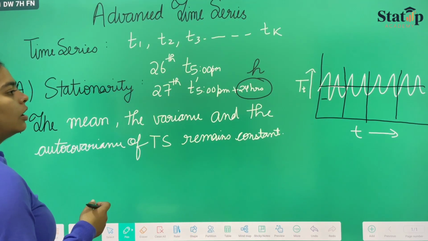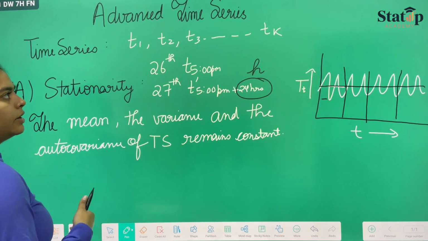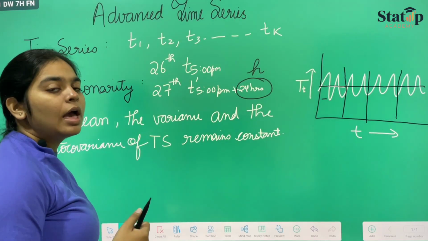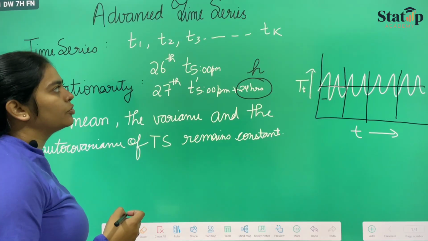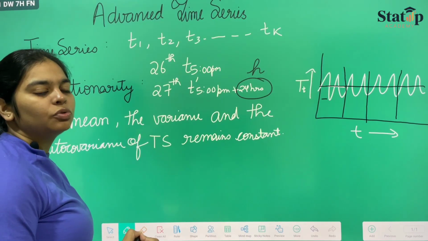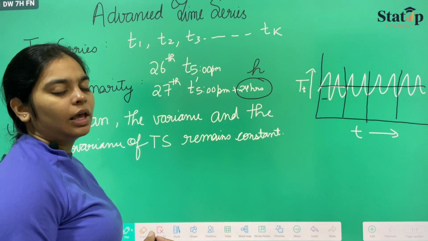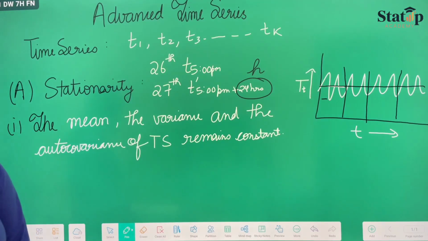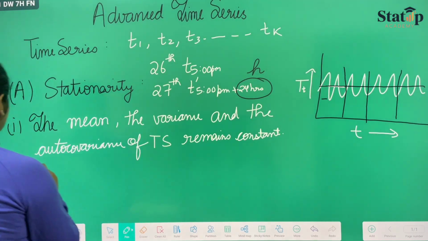When the joint distribution of T1, T2, T3 up till Tk, and the joint distribution of T1 plus H, T2 plus H, up to Tk plus H are equal, then also the time series is stationary.